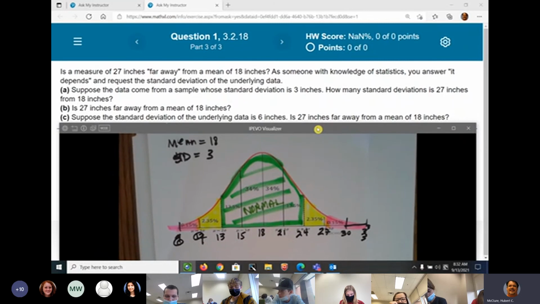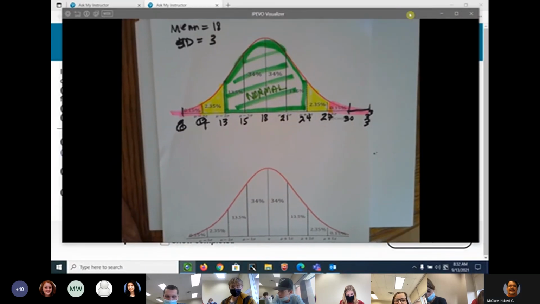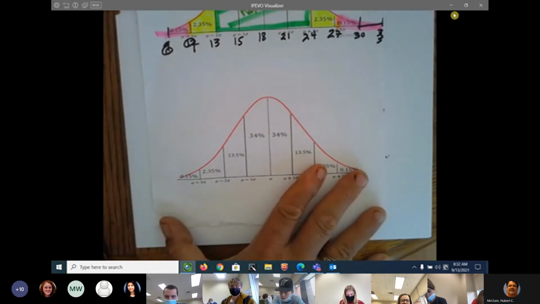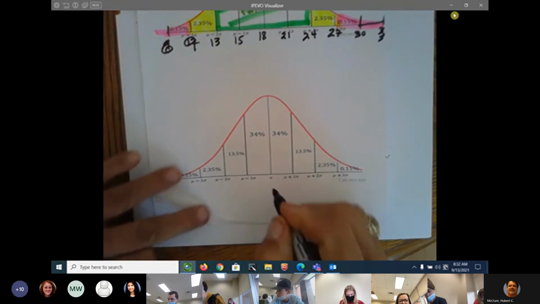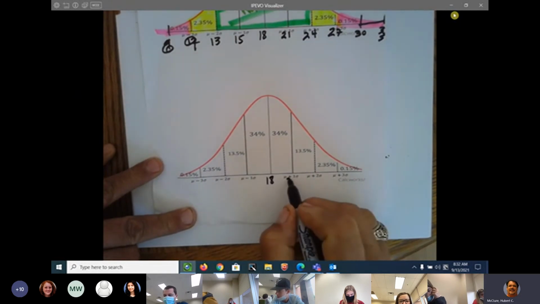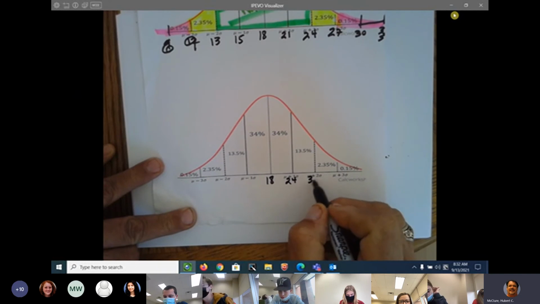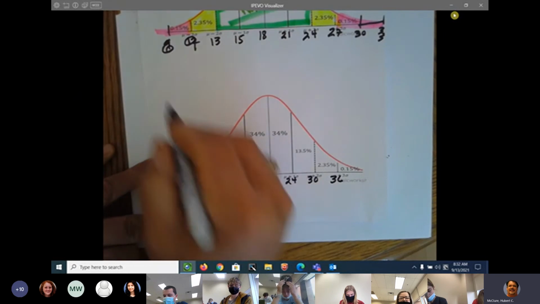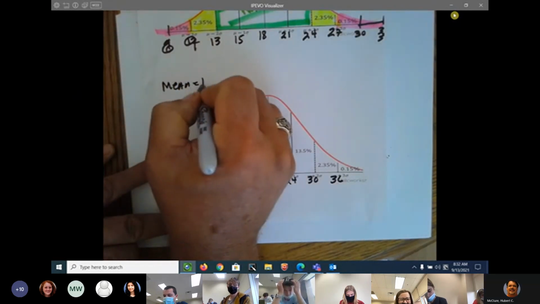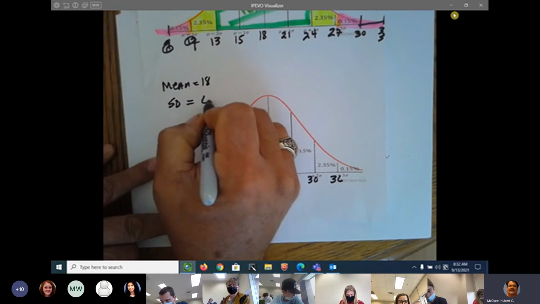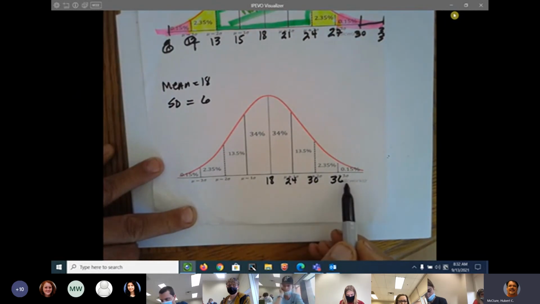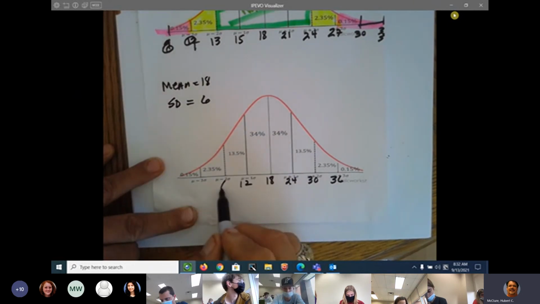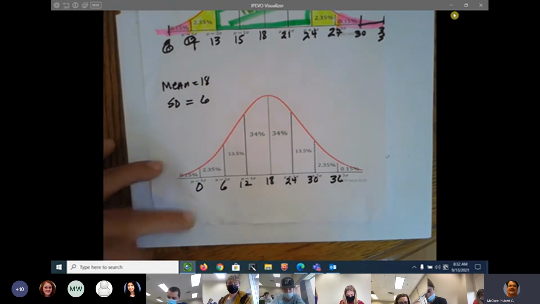What about 6 inches? Well, down here, you have to draw another curve. 18, 24, 30, 36. The mean is 18 and the standard deviation is 6. That'd be 24, 30, 36. 18 minus 6 is 12. 12 minus 6 is 6. 6 minus 6 is 0.